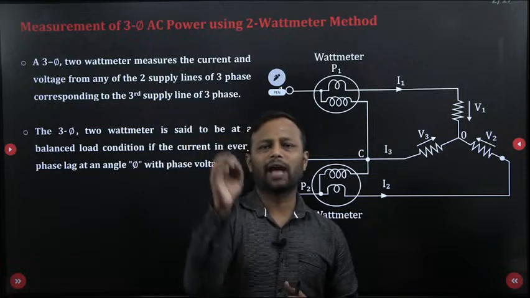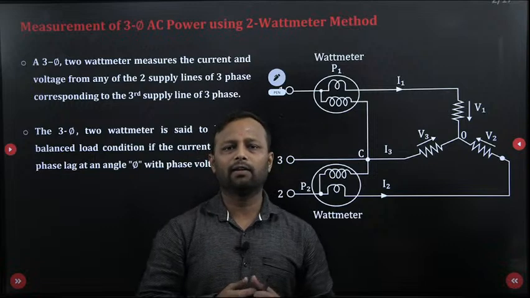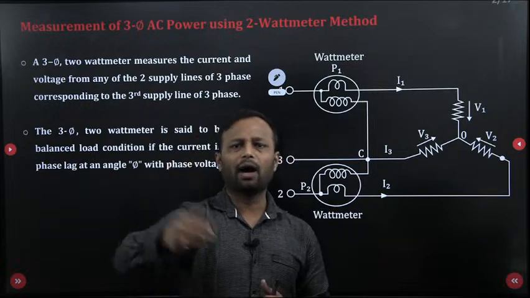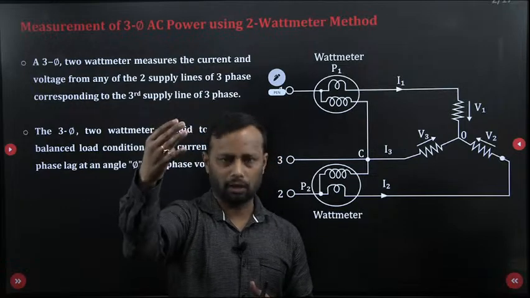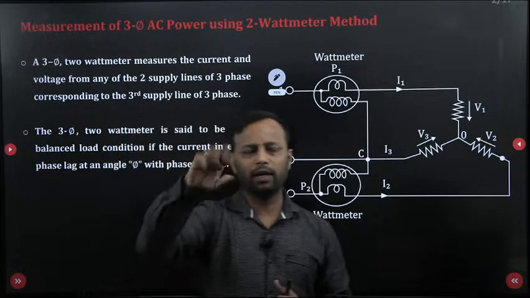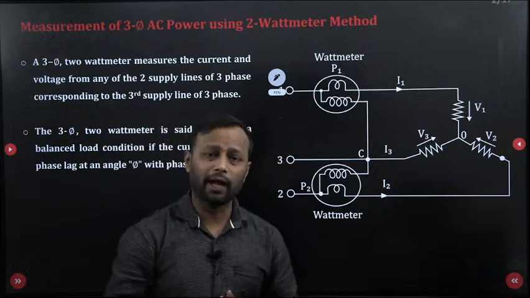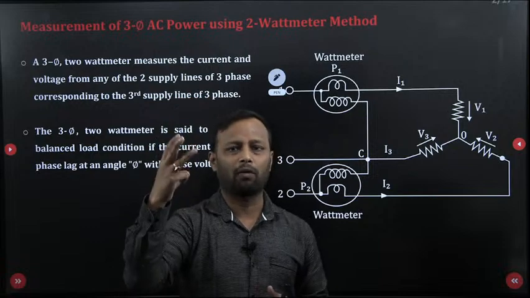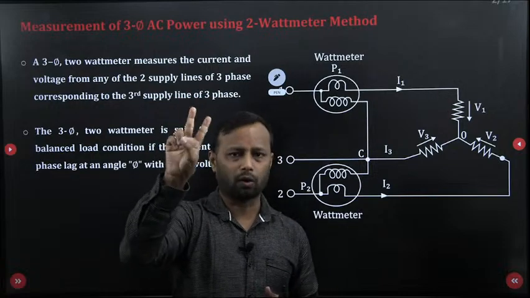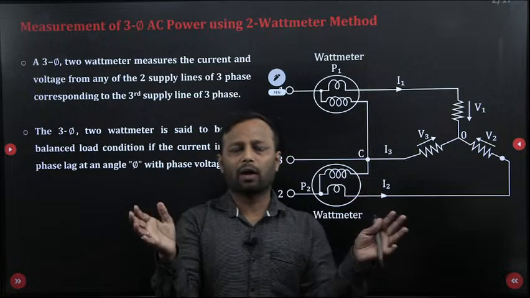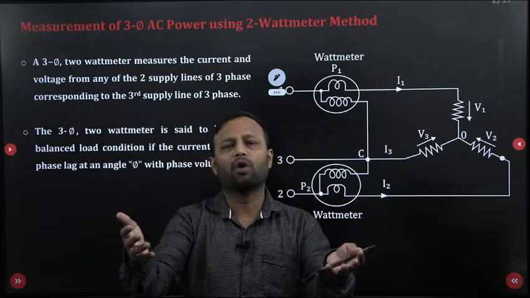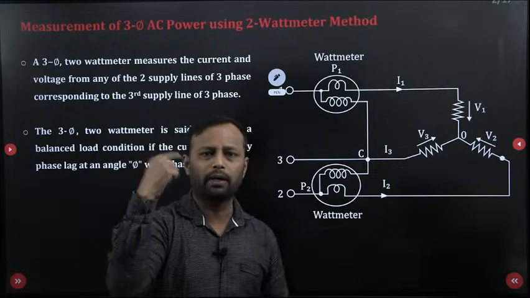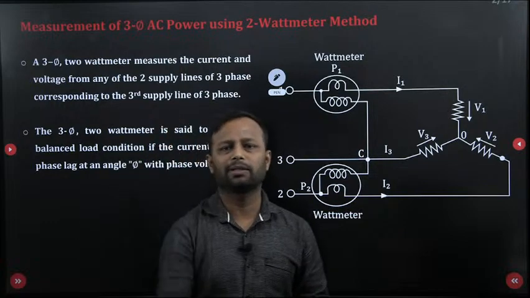There was a scientist called Blondel. He gave the idea that if you have a 3-phase line and 1 neutral wire, then we can use the 3 wattmeter method. Or else, by using the 3-phase lines themselves, we can measure the 3-phase power, but for that we require 2 wattmeters. So if the neutral is already given, we can easily measure the 3-phase power with a single wattmeter or 3 wattmeters.